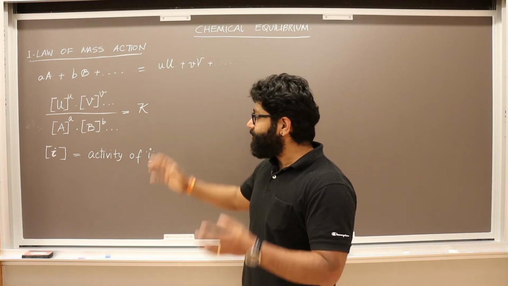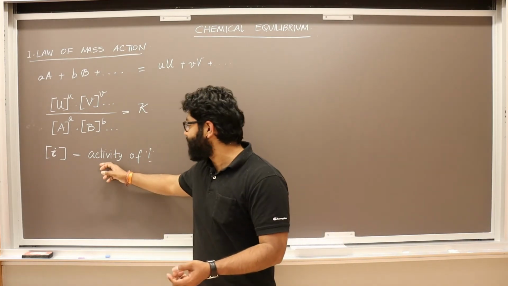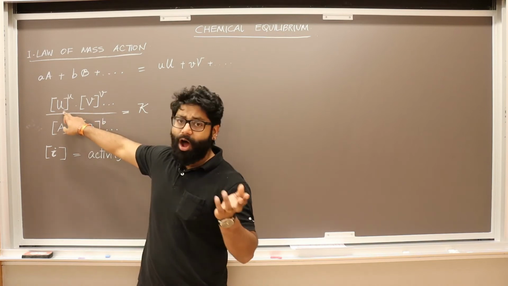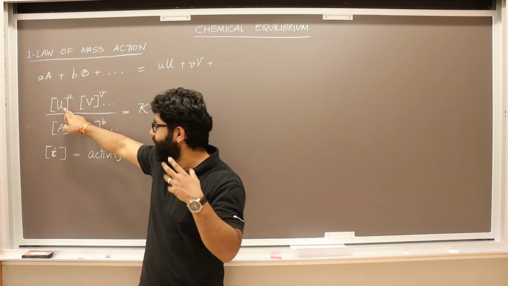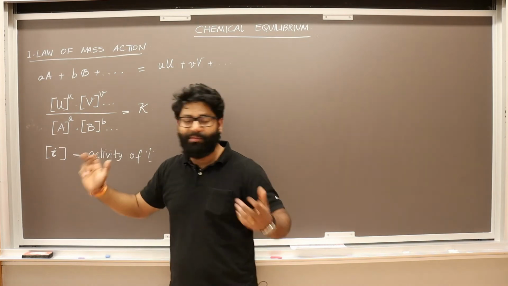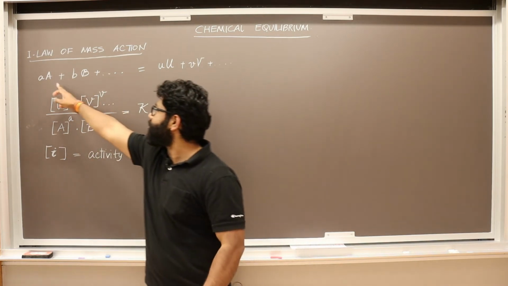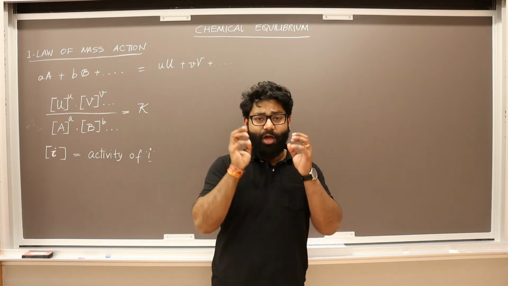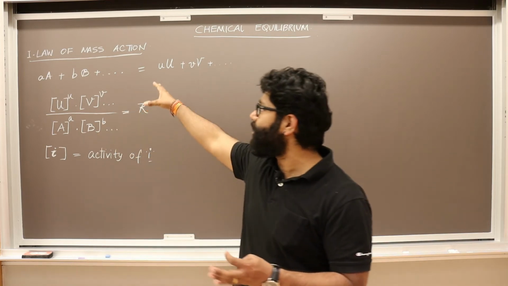And that is why we come up with this idea of activity of I. Whatever is in here means the activity of the species, U, V, A and B, whatever, right? And these are the stoichiometric coefficients, you know that. So activity is basically the concept that comes in to explain the law of mass action.